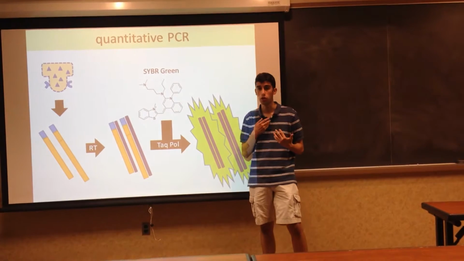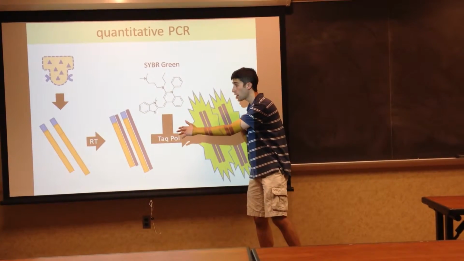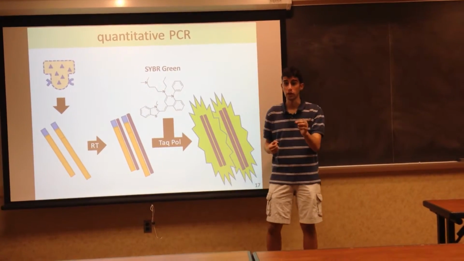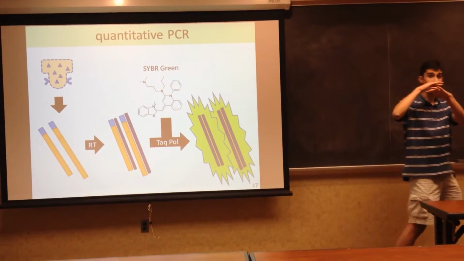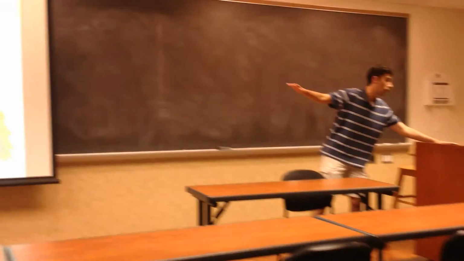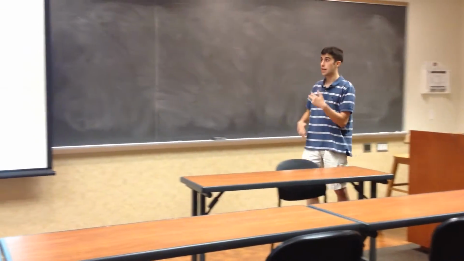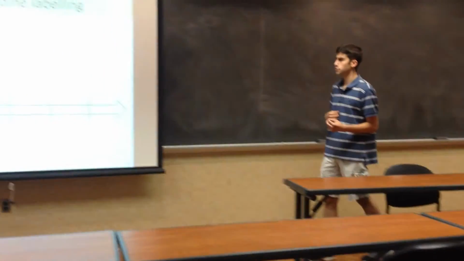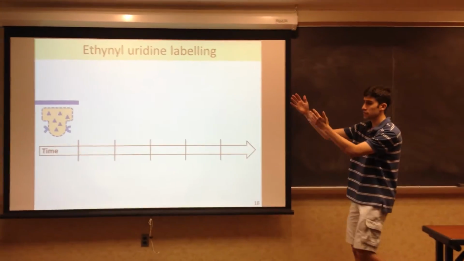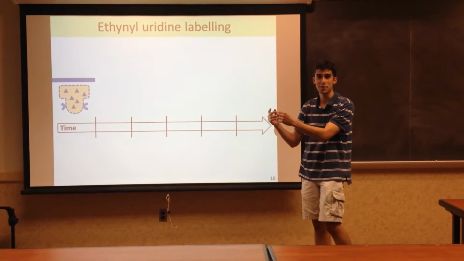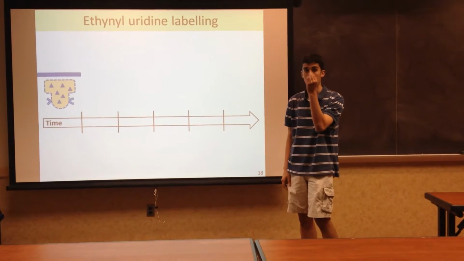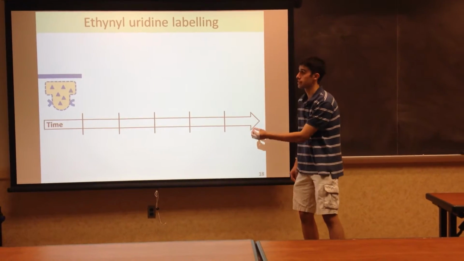I don't just want to know the amounts of the mRNA, I want to know the stability of each splice isoform. And to figure that out, I layer another method on top of quantitative PCR, and that's ethynyl uridine labeling. So you can see here, this represents a cell, and each triangle represents a piece of mRNA within that cell.